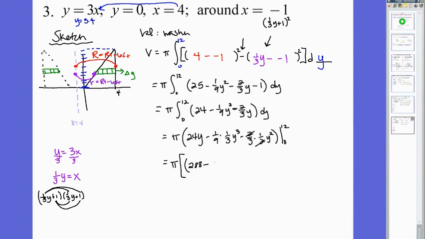I got an exact answer here of 64. Hopefully you guys did also. Minus 12 squared we know is 144, and the 2's canceled already, so 144 divided by 3 gives me 48. And then my lower bound, if I plug in 0, I get 0 minus 0 minus 0, so that's a great big 0. And so final answer on this one turns out to be 176 pi.